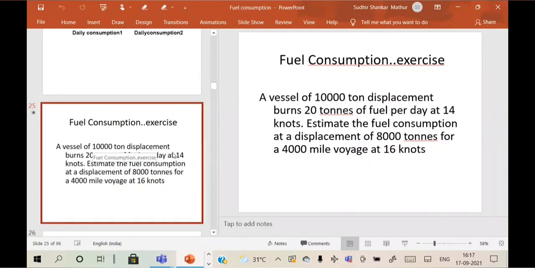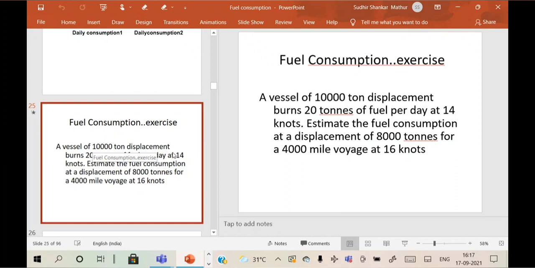So this can be done in two ways. One is using the voyage consumption direct formula. Second, first calculate, as you have done, the daily consumption at the different speed, which is 16. At 14 we know it is 20, so we calculated at 16 by applying the DC1 by DC2 formula.